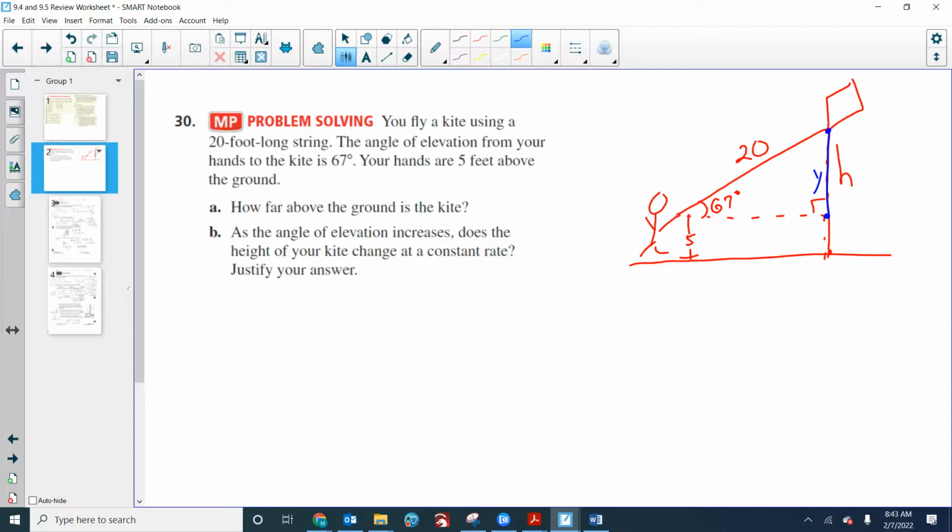Why? Because we only know this angle of elevation in that smaller triangle. So ready? We're at this angle. We're going to use, obviously, what side? Hypotenuse. And the y side, which is the opposite.